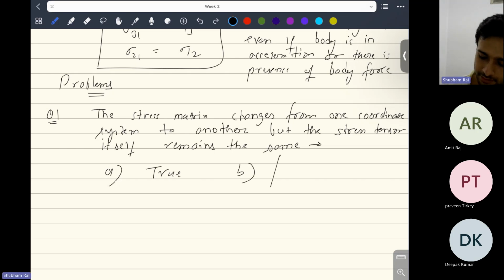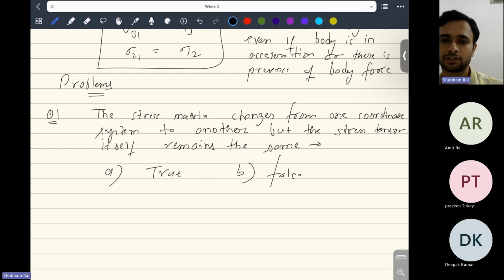So the question says that the representation of stress, that is the stress matrix, changes from one coordinate system to another coordinate system, but the stress tensor itself remains the same. Is it true or false?